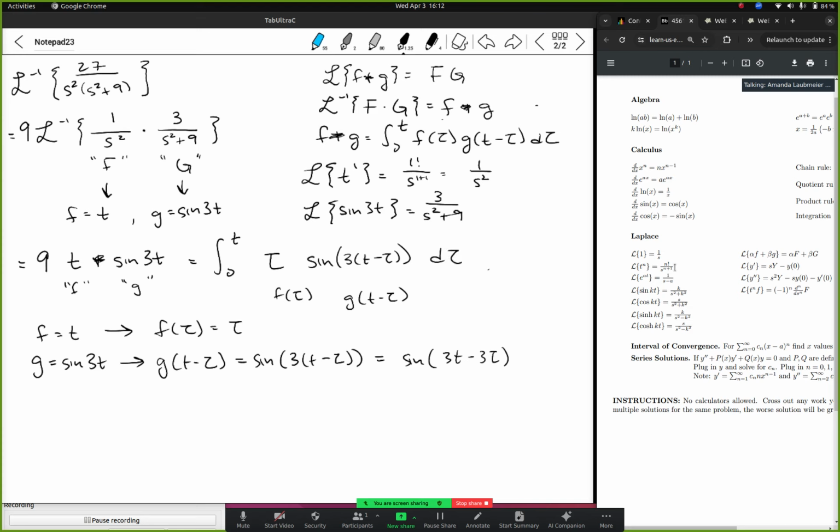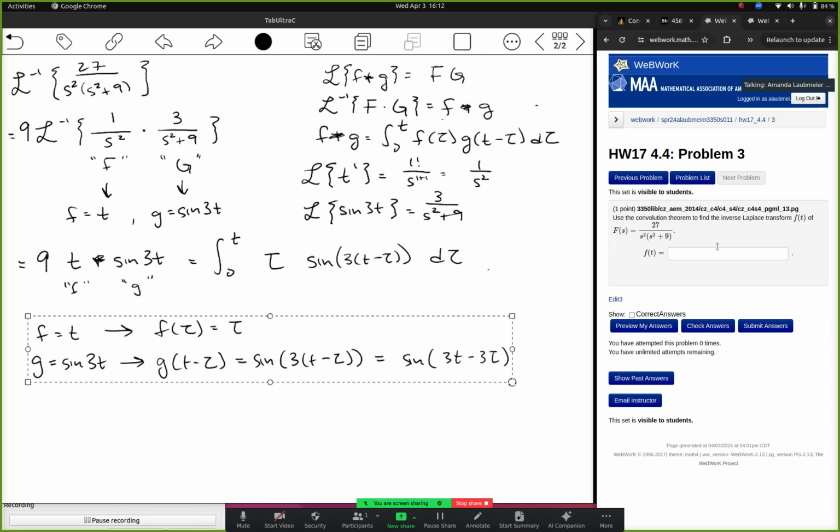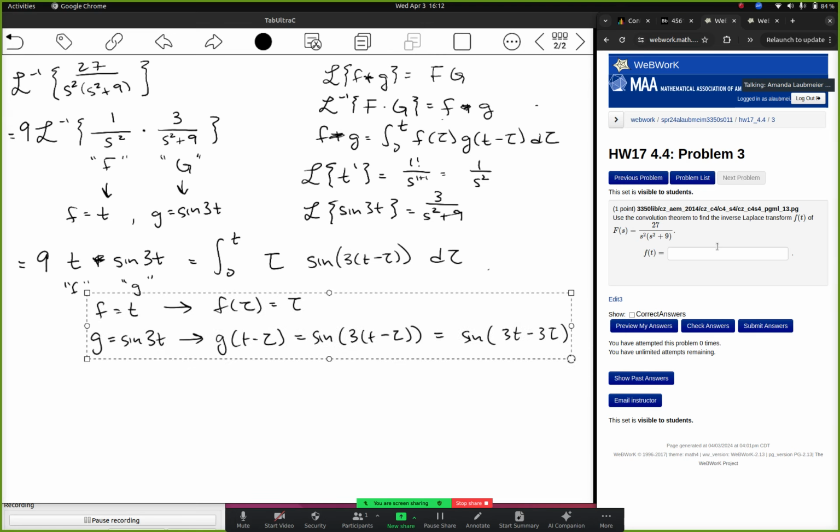And then to finish the problem, all I'm going to need to do is evaluate this integral and then put in my answer in WebWork. I'm going to move these things over to the side so that I can put my equal sign.